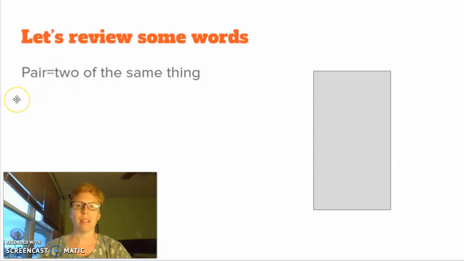The word pair. Pair means two of the same thing. If you have a pair of shoes, you have two shoes that are the same. If you have, let's see, twins, a pair, two of the same thing, of identical twins. In front of us, we have a rectangle here, and let's look at the sides.